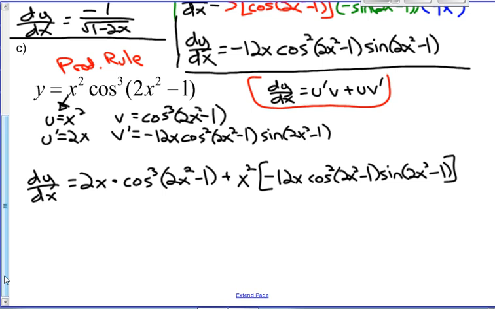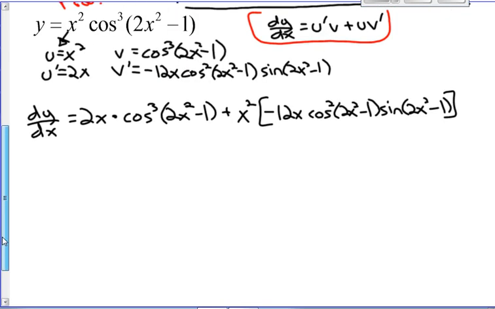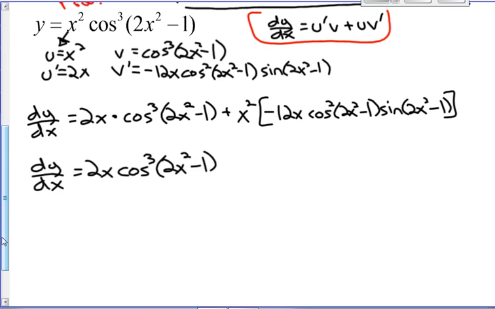And from here, we're just simplifying, really. So we'll get dy by dx is 2x cos cubed of 2x squared minus 1, if we multiply everything out, minus 12x cubed cos squared of 2x squared minus 1 sine of 2x squared minus 1.